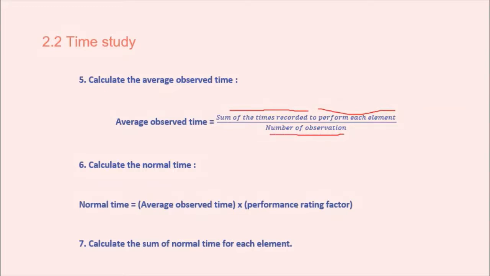Then we have to calculate the normal time. This is the formula for the normal time. Normal time is equal to the average observed time that we get from the previous step, times the performance rating factor. Okay, next we have to calculate the sum of normal time for each element.